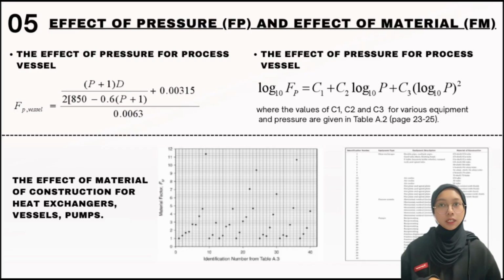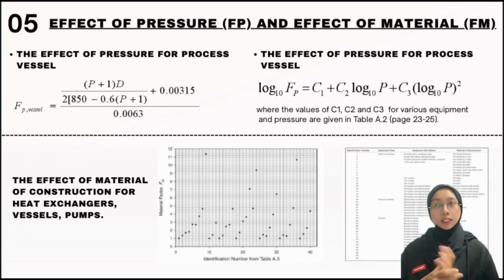The second formula is log FP equals C1 plus C2 log P plus C3 times log P squared. The first we use for process vessels, and the second formula, log FP, is for other equipment.